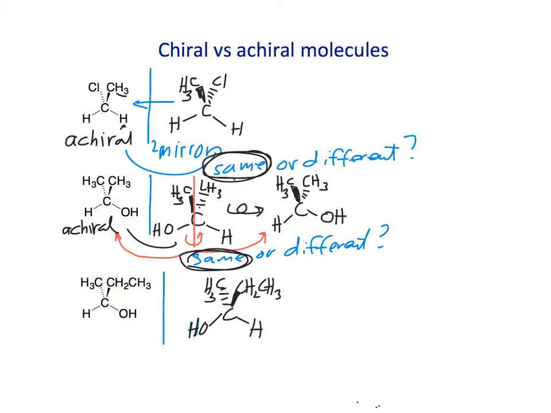Let's try the same thing that we did in the last one. Make an axis here. We rotate around this by 180 degrees, and we now have our OH on this side. When we do this, though, the ethyl group, which is on the front, is going to rotate onto the back.